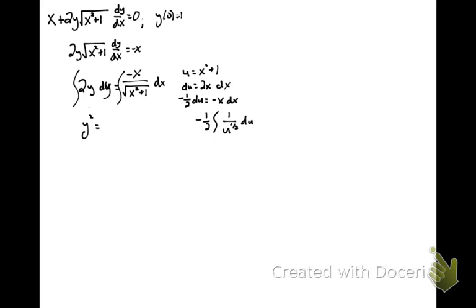And when we integrate that, the integral of negative 1/2 u to the negative 1/2 du, this would be negative 1 u to the 1/2, which means since u was x squared plus 1, it's negative 1 times x squared plus 1 to the 1/2.